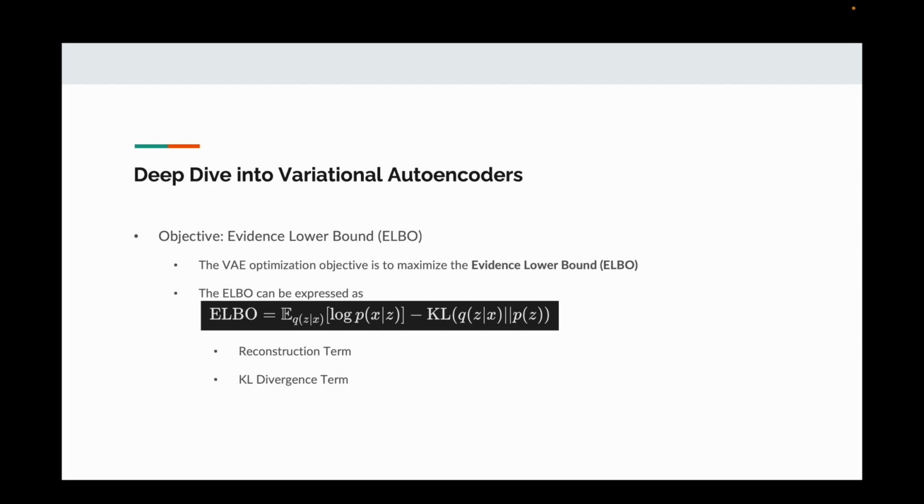The second part, the KL divergence term KL(q(z|x) || p(z)), ensures that the learned latent space distribution q(z|x) is close to a prior distribution p(z), typically Gaussian. This promotes a well-structured and smooth latent space.